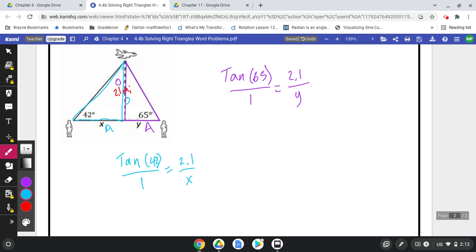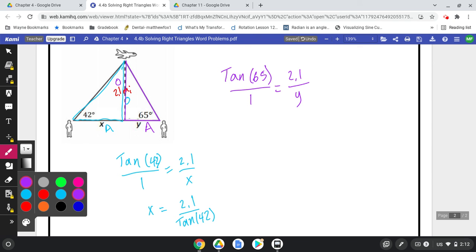Now we cross multiply. We'd have to divide there, in that case, by tangent. For both of these, we will get 2.1 divided by the tangent. Now it will just depend on which angle it is. So 2.1 divided by a tangent of 65 for the purple one, 42 for the blue one.